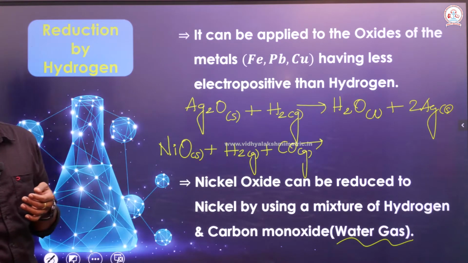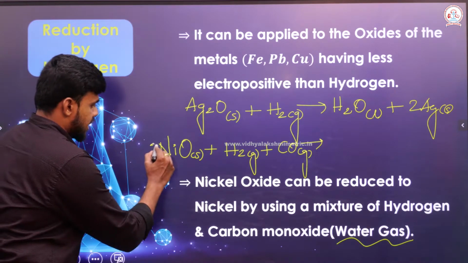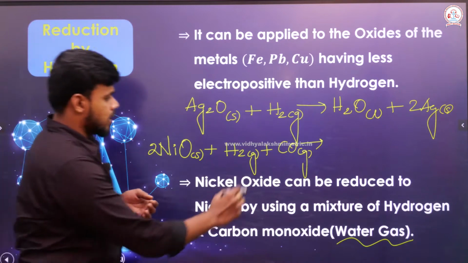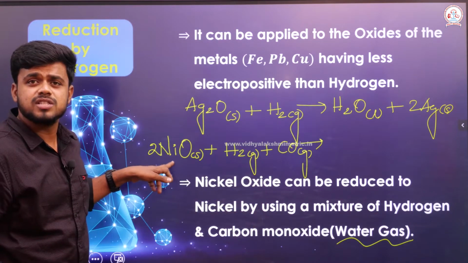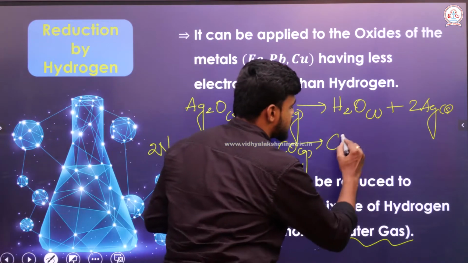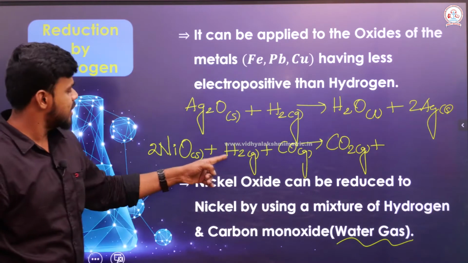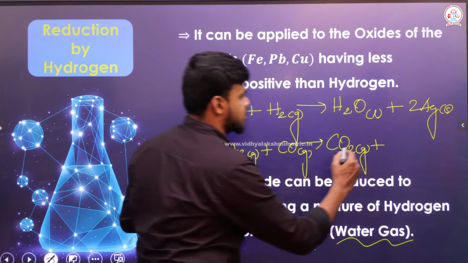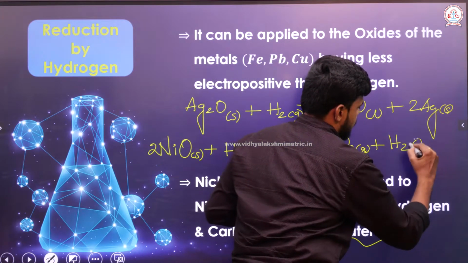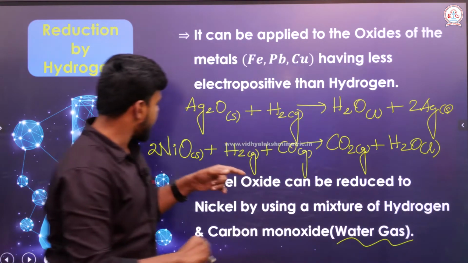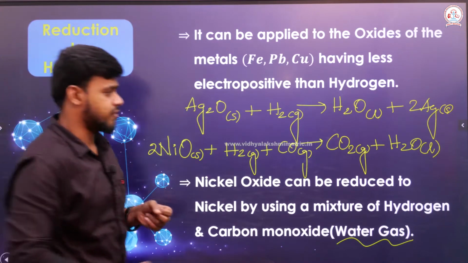Thereby, what is happening here? Let me take 2 moles. Carbon monoxide will take 1 oxygen and go as carbon dioxide, and hydrogen will take 1 oxygen and go as a water molecule. Thereby, I am able to find 2 moles of nickel.